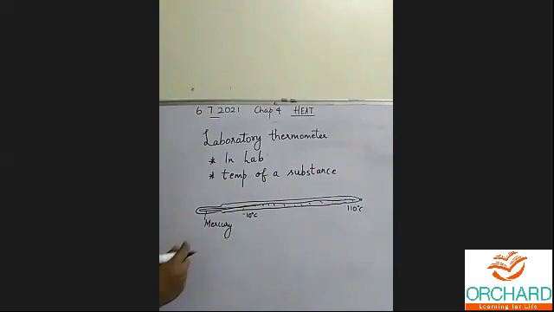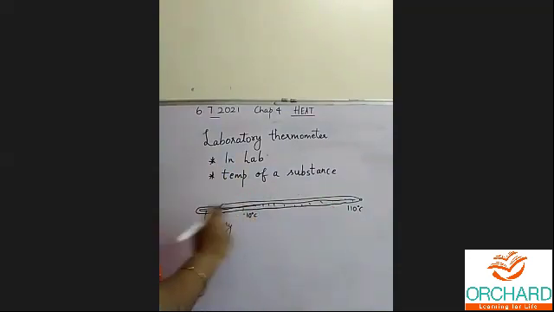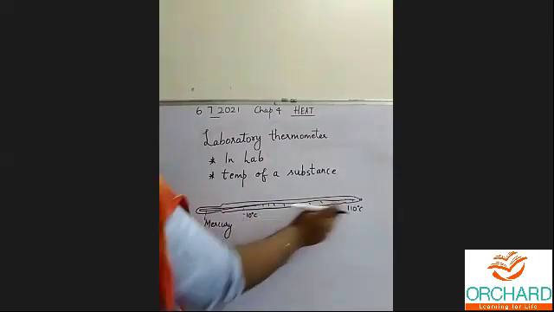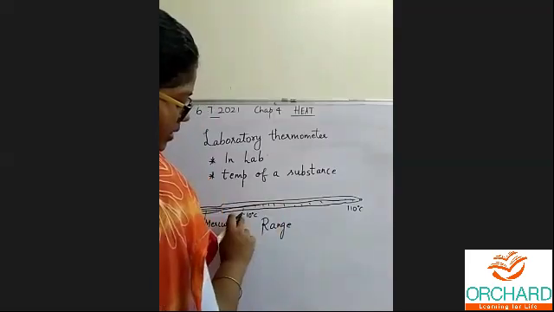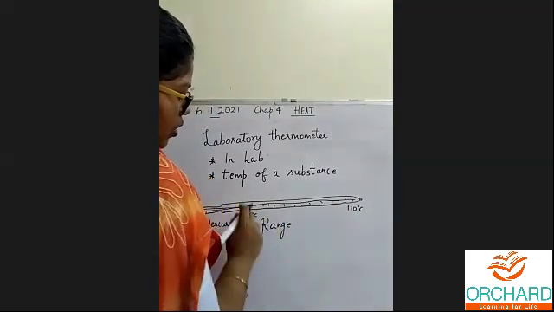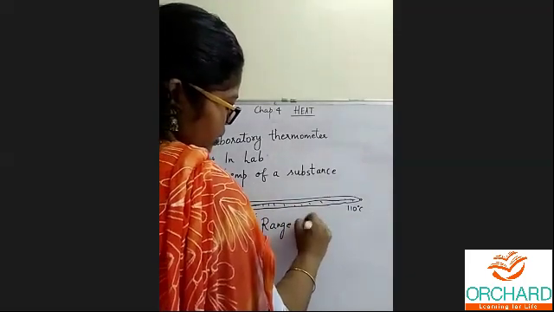So from minus 10 to 110 degrees Celsius, the readings can be taken. Now this is called the range of the thermometer. So we can measure the temperature from minus 10 degrees Celsius to 110 degrees Celsius of a substance. Now this measurement is called range of thermometer.